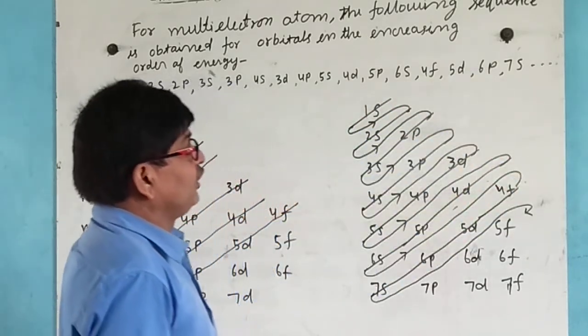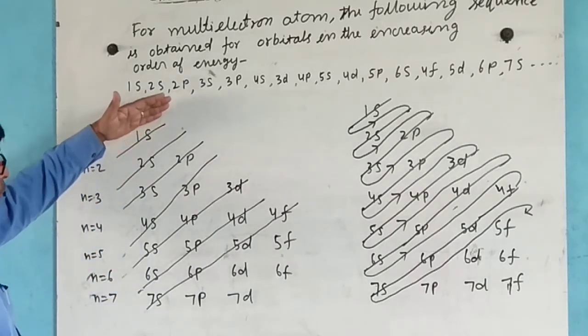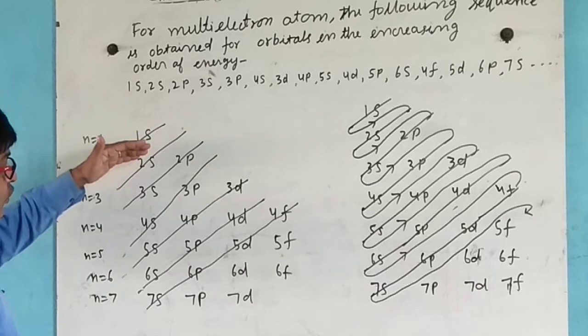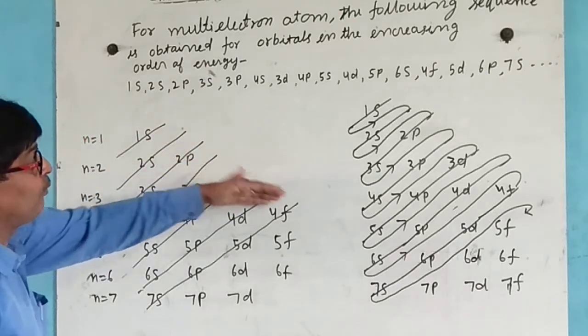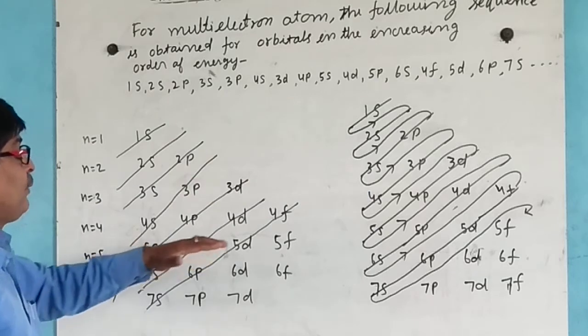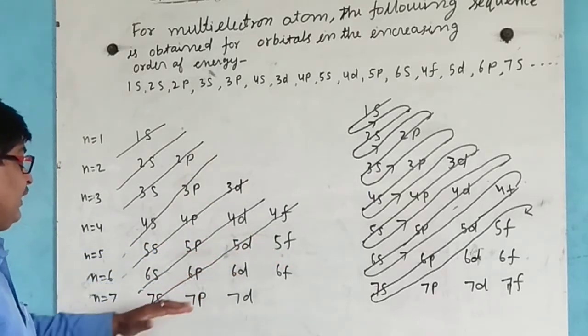Now with the help of this, the increasing energy of the orbitals can easily be written as 1s, 2s, 2p, 3s, 3p, 3d, 4s, 4p, 4d, 4f, 5s, 5p, 5d, 5f, 6s, 6p, 6d, 7s.